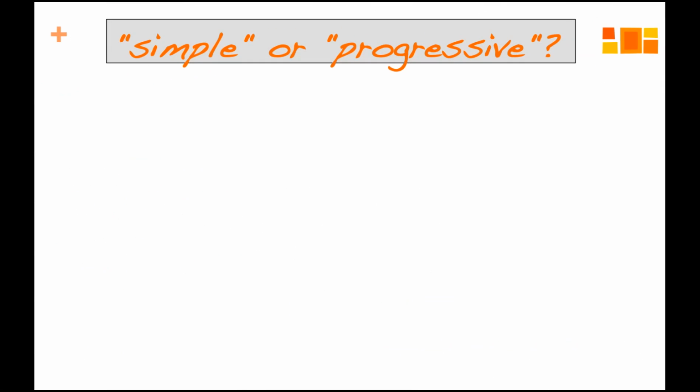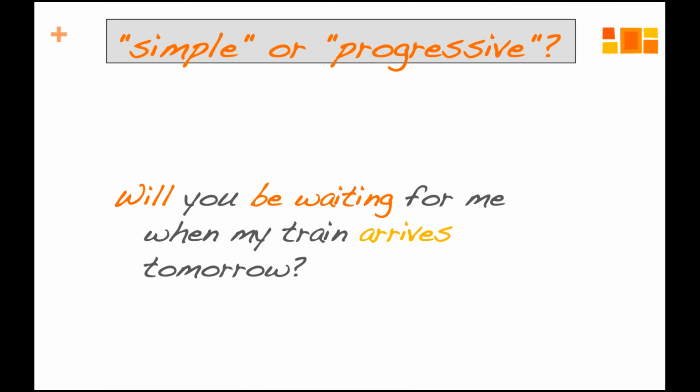And that also works with the future. Will you be waiting for me when my train arrives tomorrow? Will you be there when my train arrives? Will you be in the middle of waiting for me? Will the waiting be going on when my train comes in? So this is future continuous.